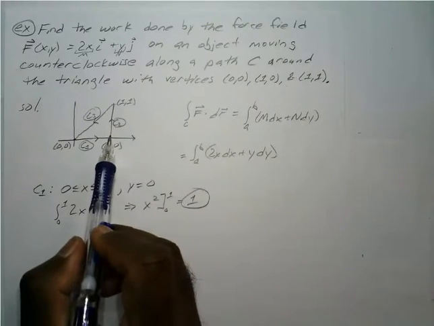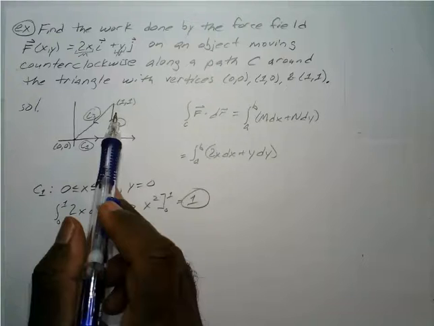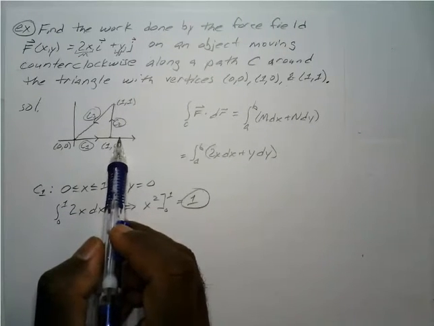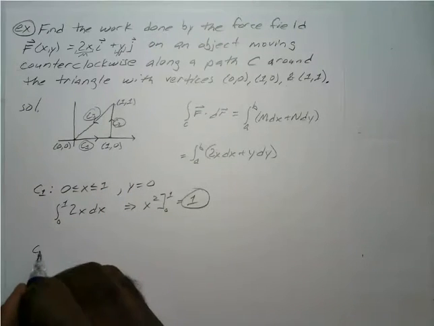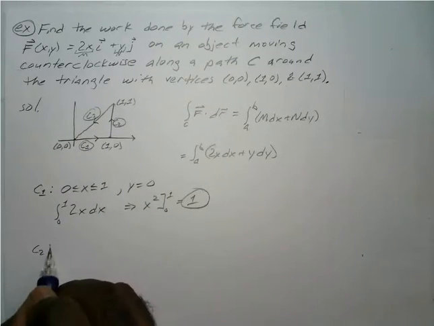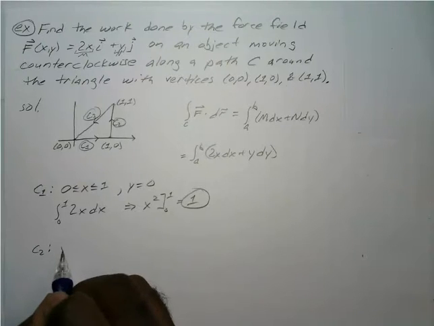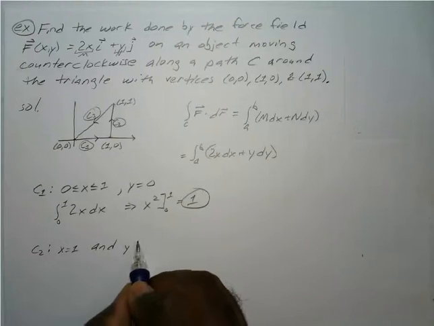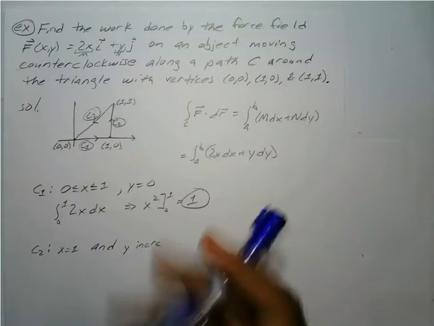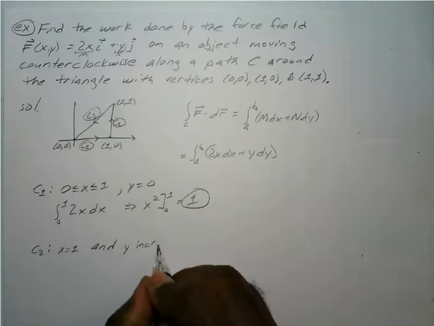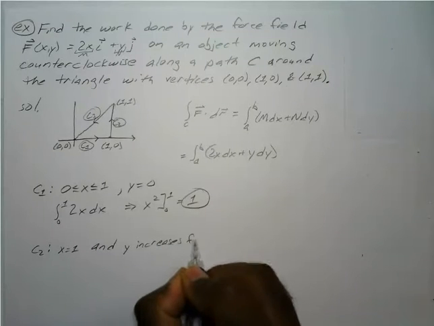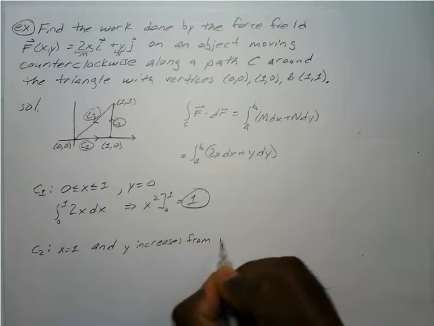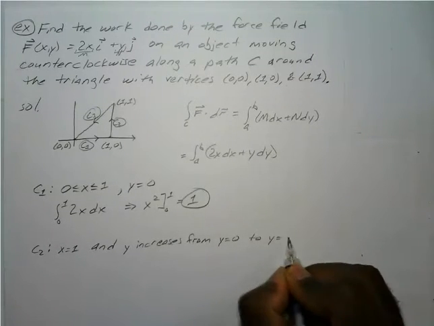So here, for x equals 1, X is still 1 here, but for y, it increases from 0 to 1. So for our second interval, y increases from y equals 0 to y equals 1.